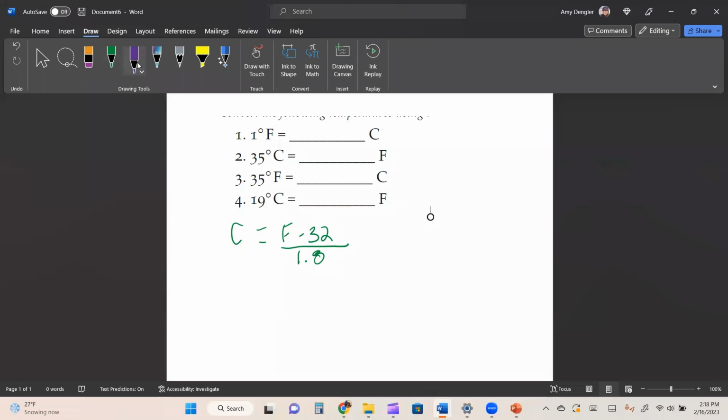And then I'm just going to rewrite it, plugging in my information.